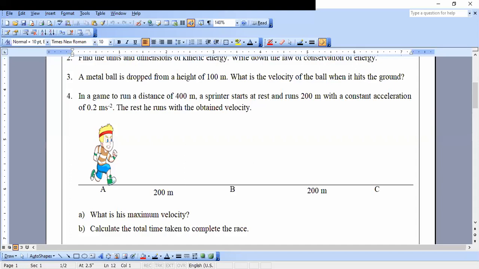The rest he runs with the obtained velocity. What is this maximum velocity? Calculate the total time taken to complete the race. Right, let's give a try.